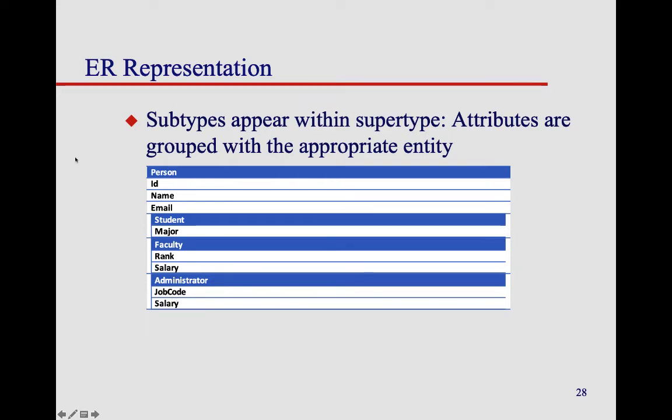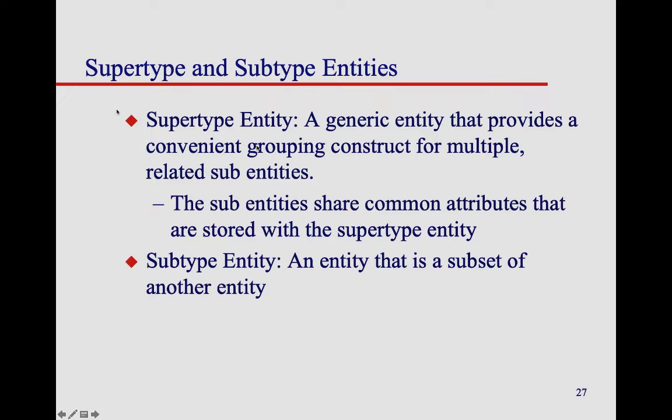One thing you might notice is that faculty and administrators share salary, and in fact, you might decide to have an intermediate subtype called employee, which has salary, and then you'd have subtypes faculty and administrator that have their own unique attributes. So we say that a supertype entity is a generic grouping construct for multiple related subentities.